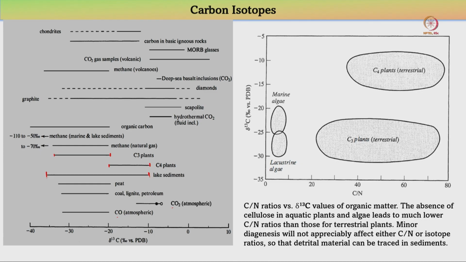Okay. So, this is very important because, as you can see, the C3 plants and the C4 plants have significantly different isotope composition. So, it is extremely useful. Okay. Methane, again from decaying of organic matter, will be negative.